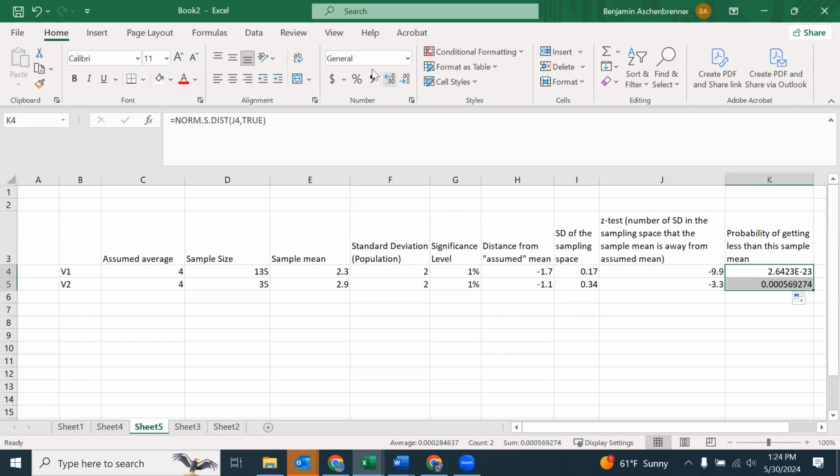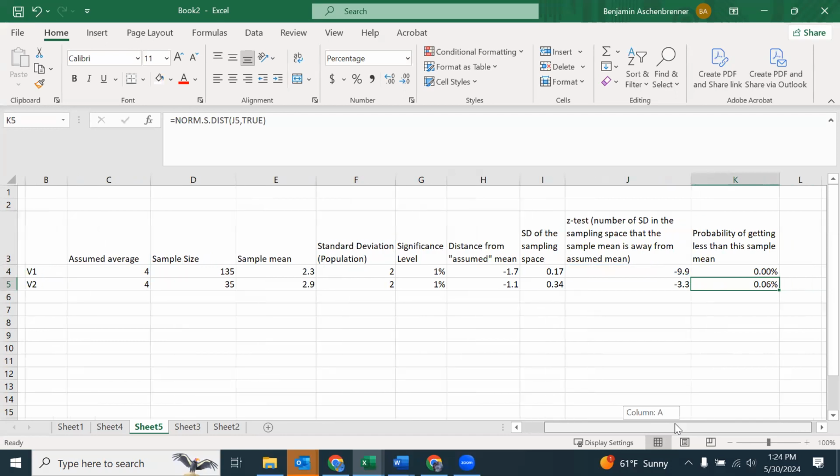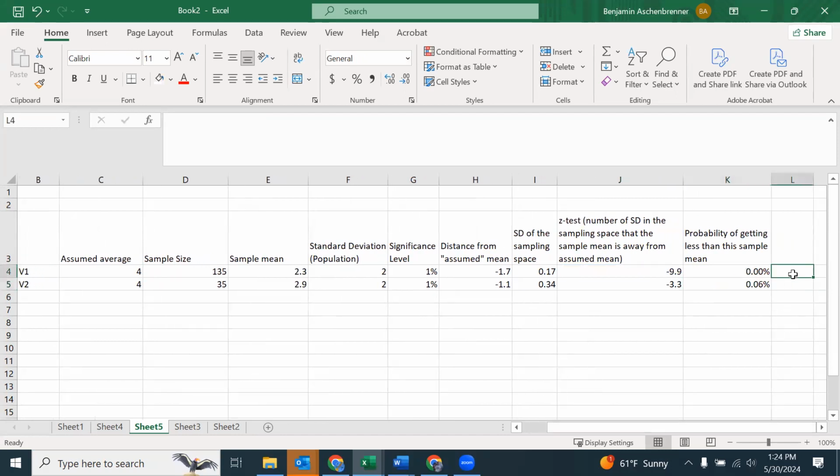And I can format these as percentages. I'm going to give a decimal just to show this is so small. You saw the number in scientific notation was like times 10 to the negative 21st. I mean, it's an incredibly tiny number. This is also very small, but it's actually starting to register. It's still below my significance level, so I reject the null hypothesis.